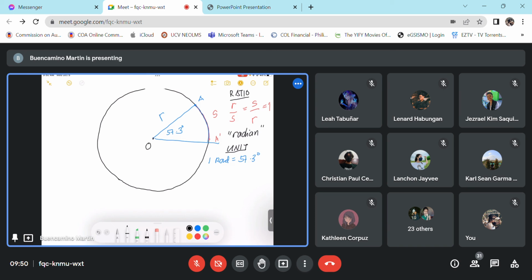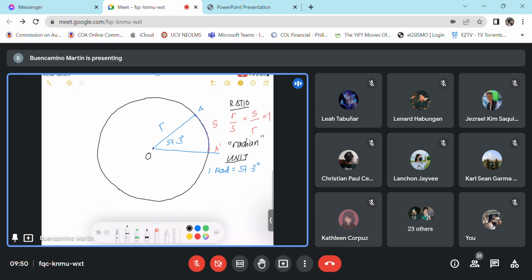Now, dealing with this circle, let's count kung ilang radian ang nasa isang circle. So we can have 1, 2, 3, 4, 5, 6 radian, at may sobra pa na 0.28.